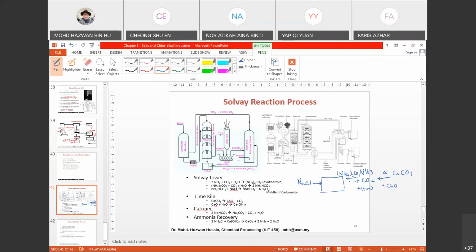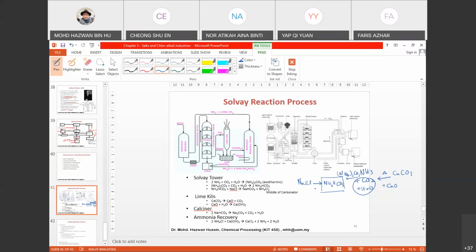So when you react ammonium carbonate with water and carbon dioxide in excess, what it forms is ammonium bicarbonate or hydrogen carbonate.